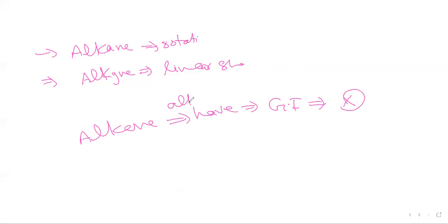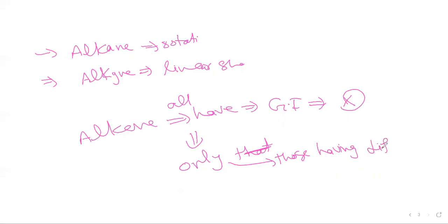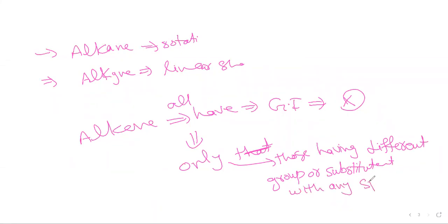The answer is no, not all, only those having different groups or substituents on any sp2 hybridized carbon. An sp2 hybridized carbon is a carbon which is connected with a double bond over here.